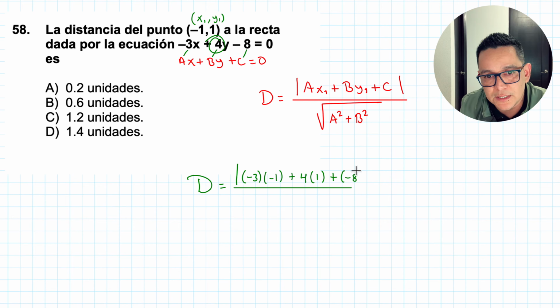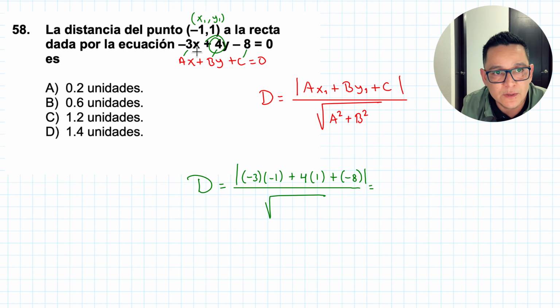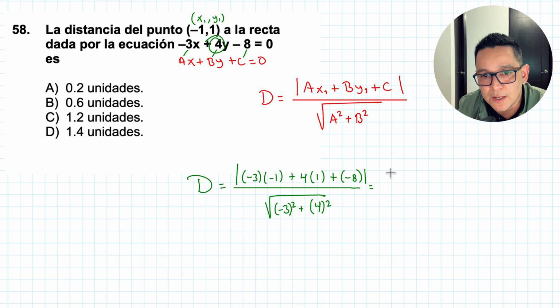So this is correct, right? Let's extend the line and add the equals sign. Sorry, I forgot to close the absolute value. Now this is going to be divided by the square root of a squared plus b squared. So in this case, it was -3 squared plus b squared, which was 4 squared. Okay, let's continue with this.